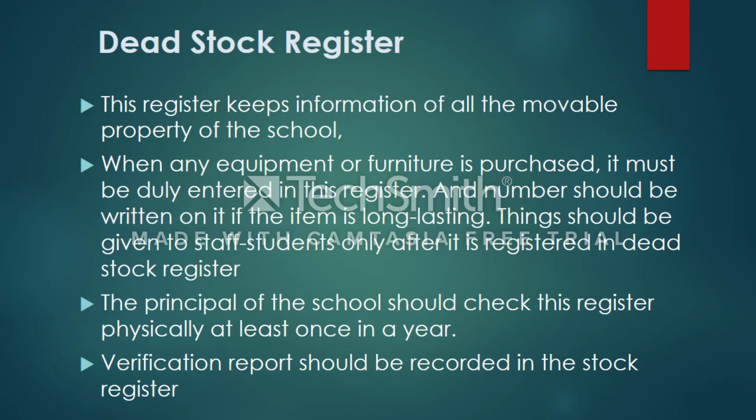When we need anything in the school, we buy furniture or equipment, and that must be entered. It means we should keep things noted in the register, marked with a numerical number.